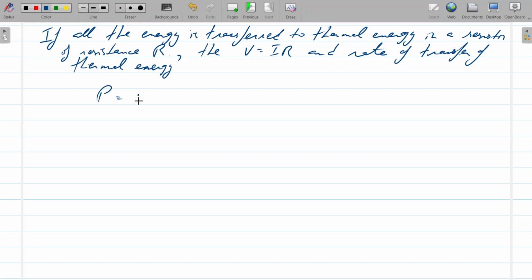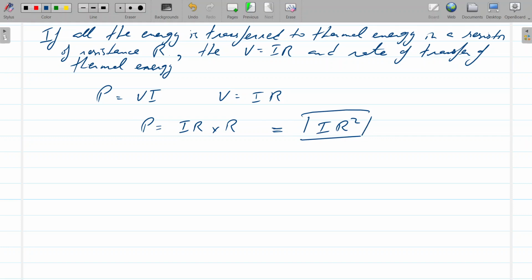So P equals VI and V equals IR, and so P equals IR times I, which gives you I squared R. Sorry, I wrote that wrong.